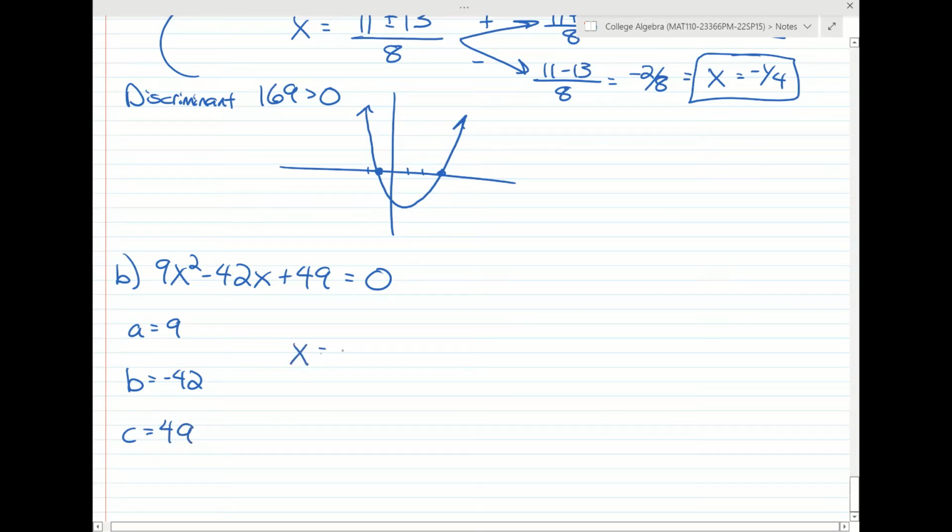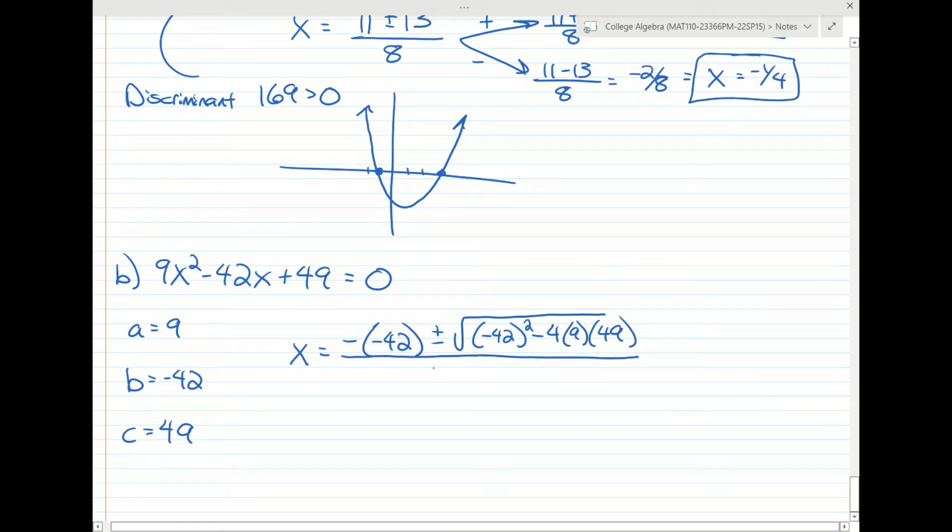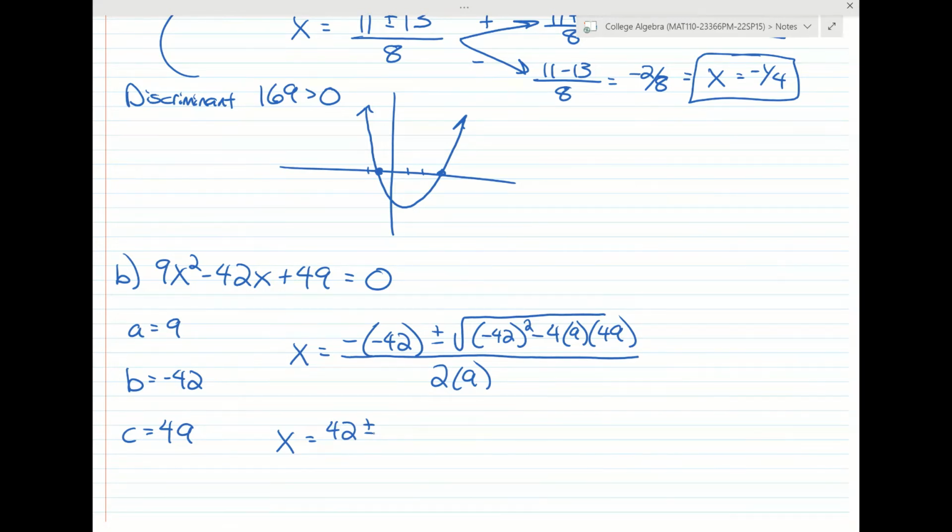So using our quadratic formula, we'll take the opposite of B plus or minus the square root of b squared minus 4ac all divided by 2a, or 42 plus or minus, let's see, negative 42 squared minus 4 times 9 times 49 is 0.